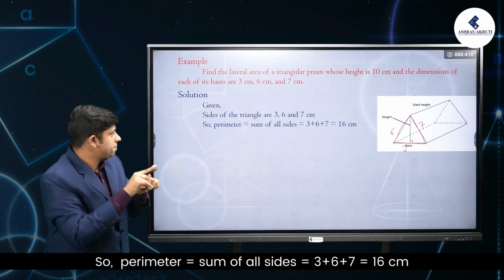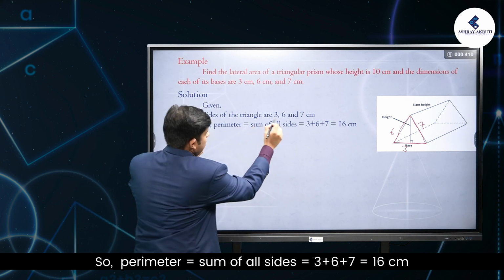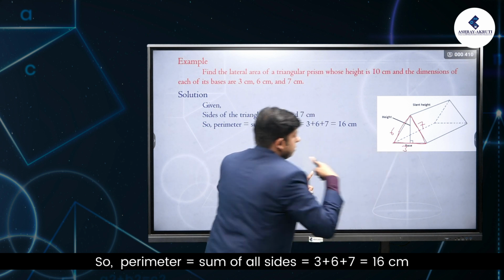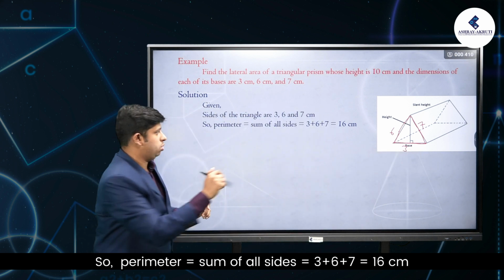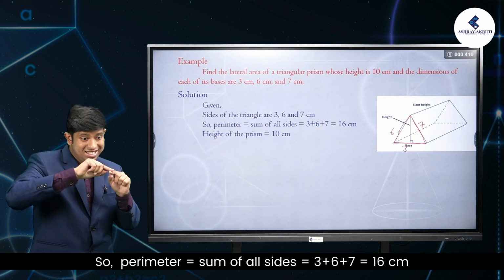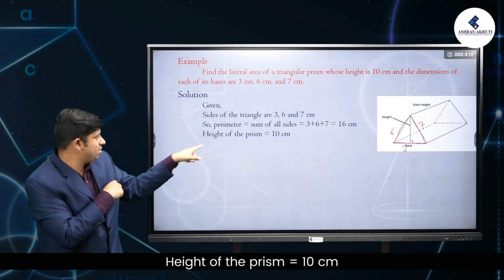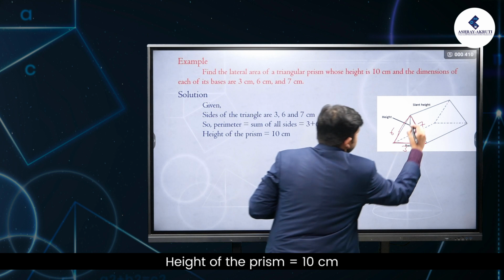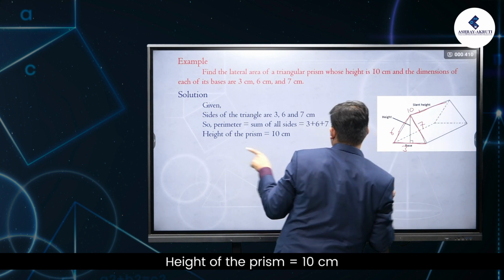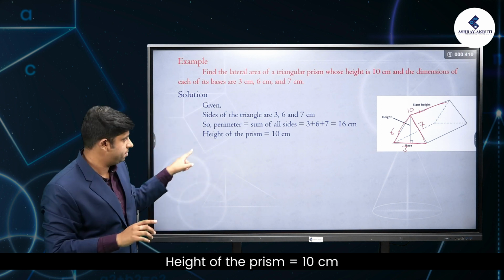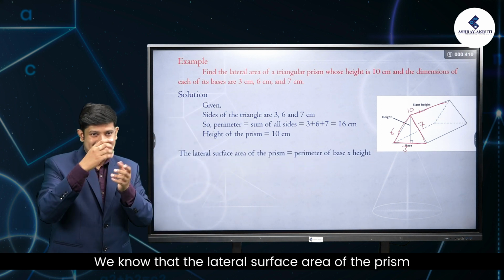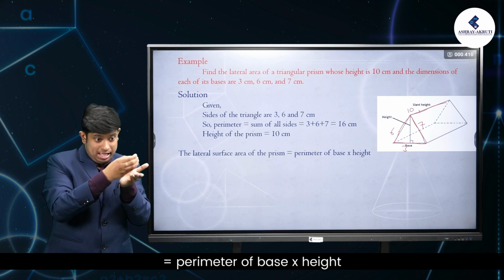So, perimeter is equal to sum of all sides, that is equal to 3 plus 6 plus 7, which is equal to 16 centimeters. Height of the prism is equal to 10 centimeter. We know that the lateral surface area of the prism is equal to perimeter of base into height.